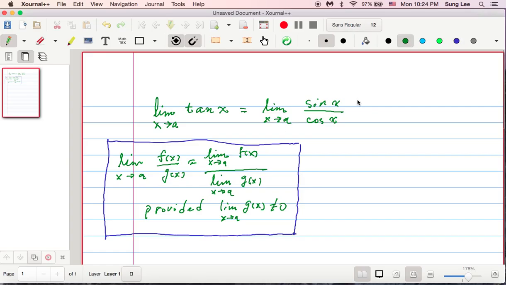Okay, so in this case also, assuming that the limit of cosine of x is not 0, where we know that actually it could be 0, depends on what the a value is, right?